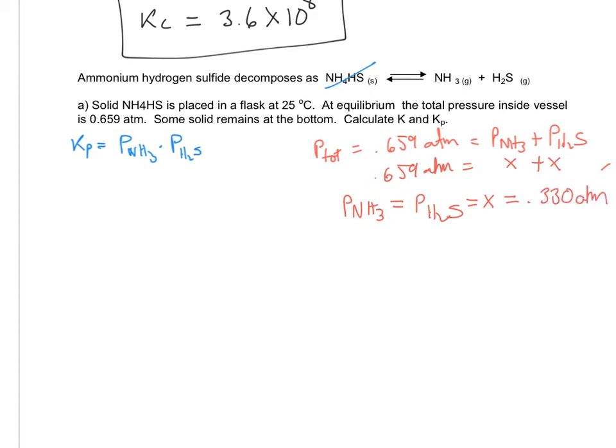So now that we know the partial pressures, we can plug it back into the Kp expression. So 0.330 times 0.330 equals 0.109.